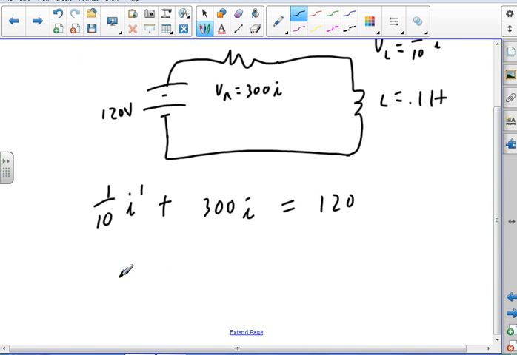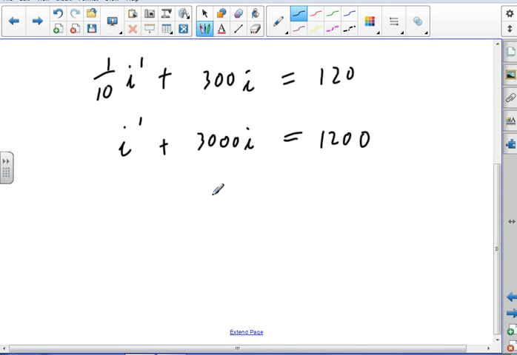Multiply everything by 10. I prime plus 3,000I equals 1,200. That's my P of x. That's my Q of x.